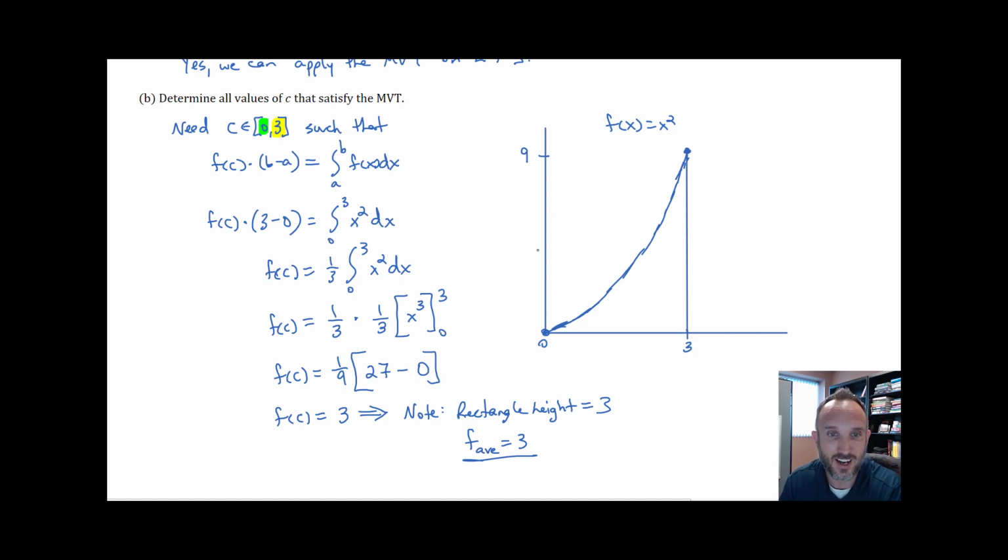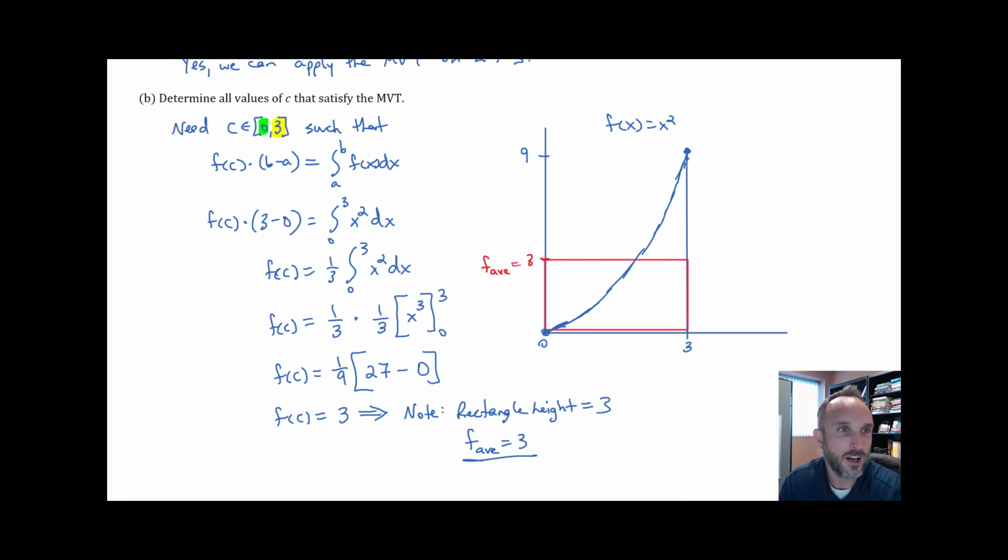So if this is 9, 3 would be like right there. So now we're looking at, here's our rectangle. The area of this rectangle is equal to the area under the curve. Okay? So this is our average value of the function. That's our average value.